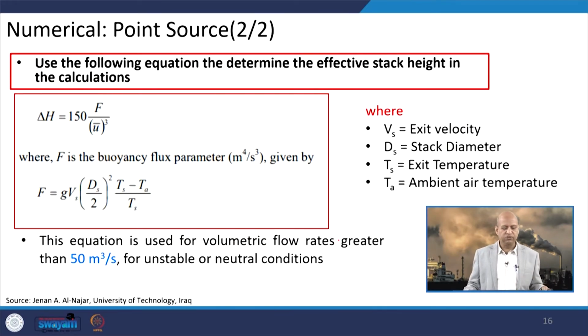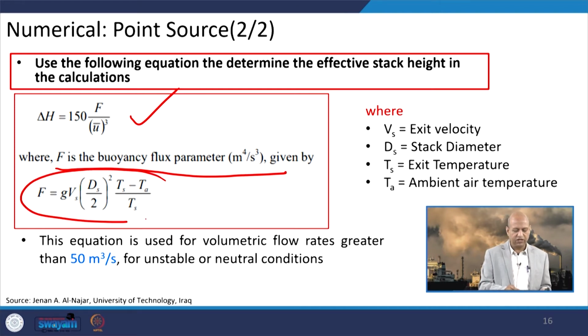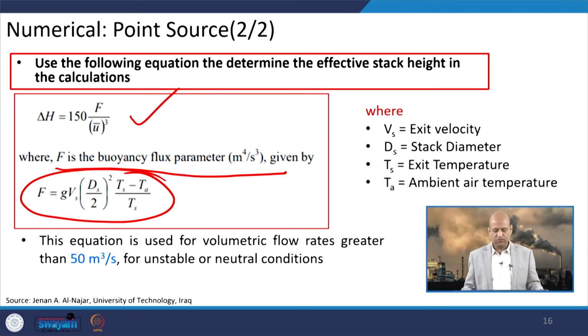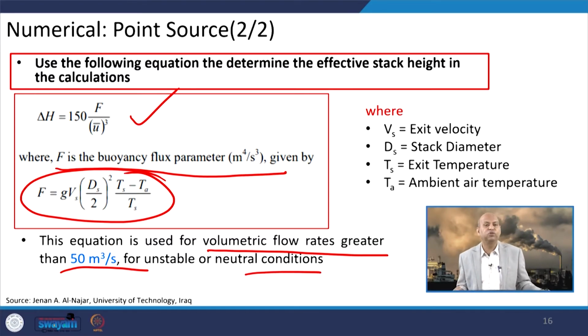So, we use these equations, like delta H, that is the plume rise equation. In this terminology, F is the buoyancy flux parameter, and this is to be calculated using this particular relationship. For volumetric flow rate of 50 cubic meter per second, for unstable or neutral condition, this equation is basically to be used, and we do not know how much the volumetric flow rate is.